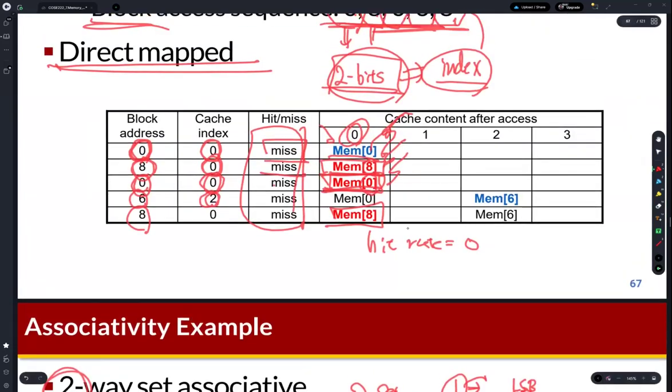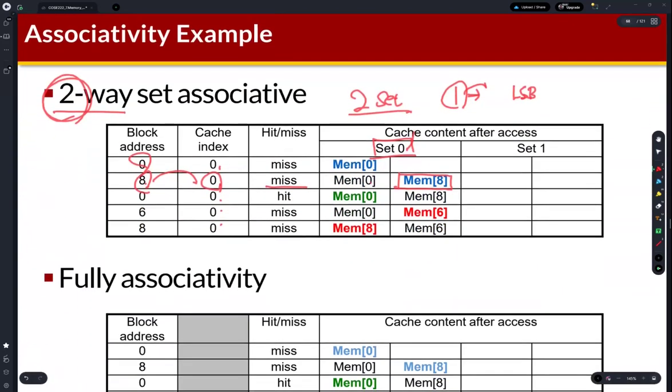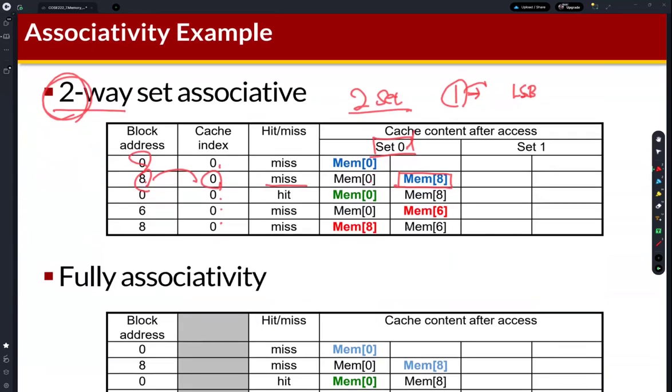In the direct mapped cache, memory 0 was evicted, right? But in the two-way set associative cache, memory 0 will not be evicted. Then for the next request 0, because memory 0 was not evicted, it can be found in the two-way set associative cache. So the result is a hit.